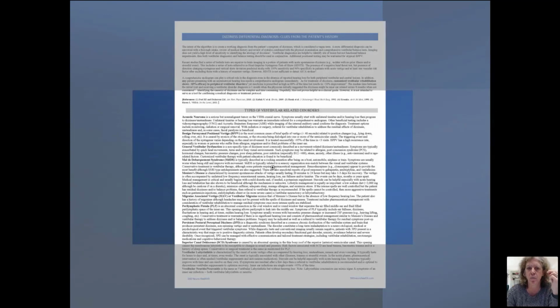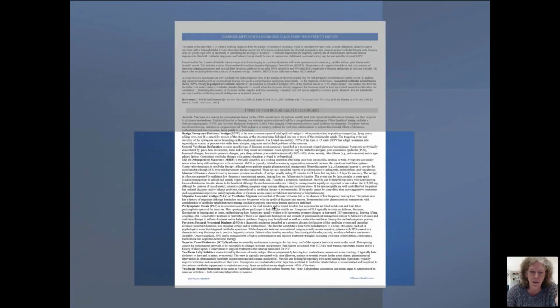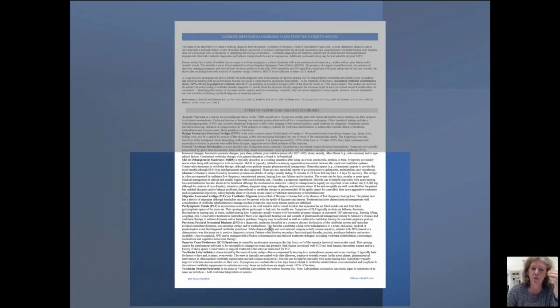These are very brief explanations: acoustic neuroma, BPPV, general vestibular dysfunction, MDDS, Meniere's disease, migraine, moving more towards vestibular migraine versus migraine-associated vertigo, perilymphatic fistula, 3PD, superior canal dehiscence, vestibular labyrinthitis or neuritis.